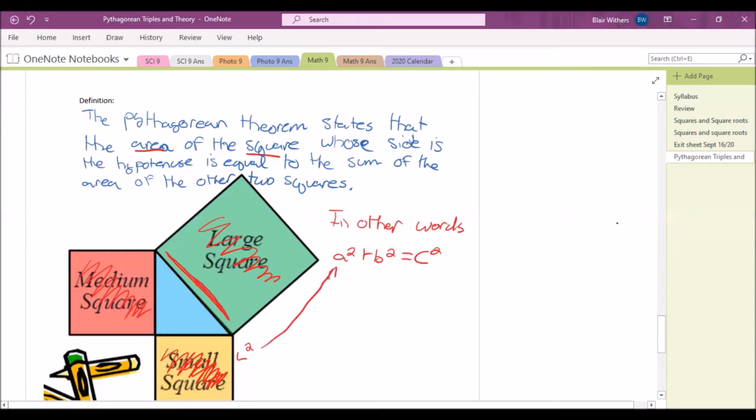Well, our length is A, that's this length here, and our length is B, that's that length there. So A and B. And that's literally all there is to the Pythagorean theorem.